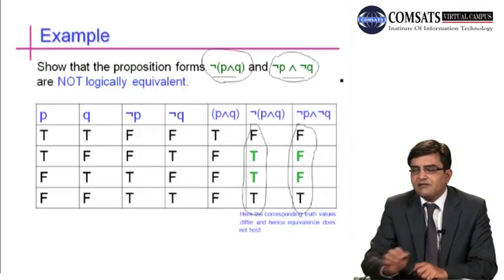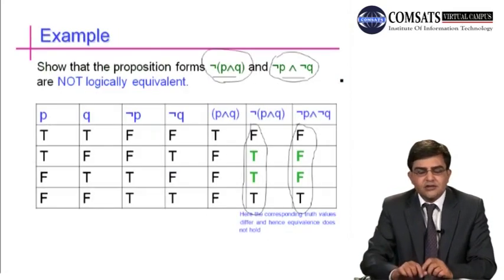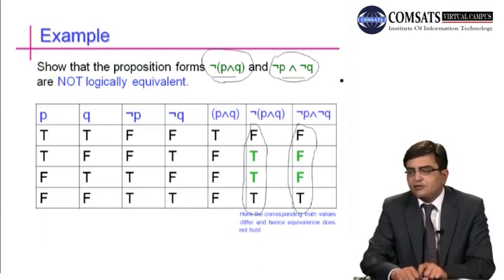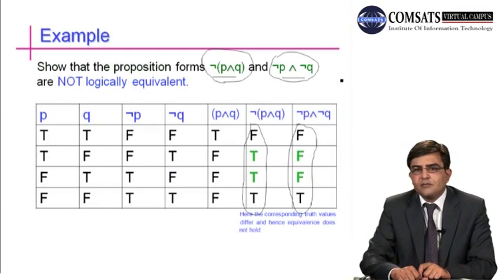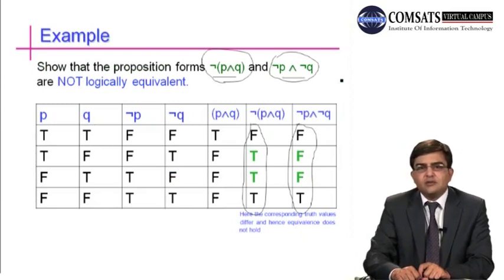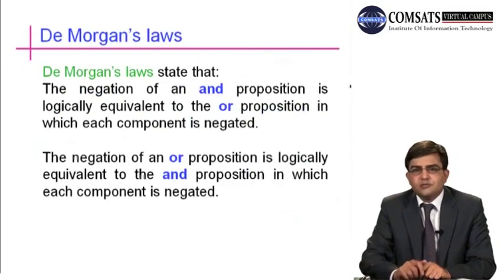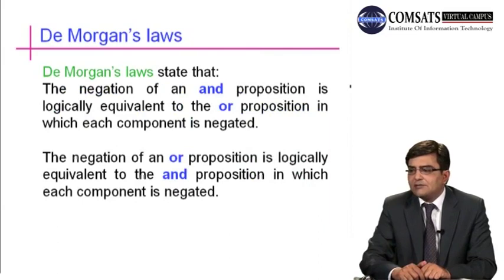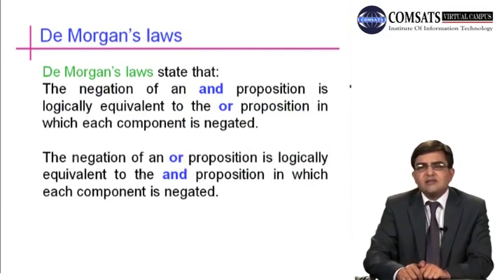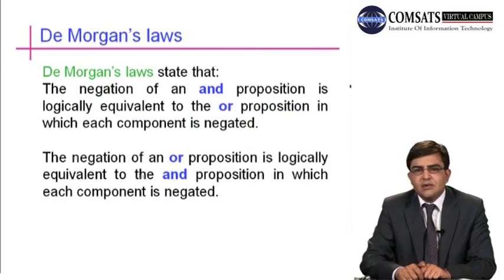Now this was the first method to prove logical equivalence of two compound propositions. In the other method, we use some rules of logic to prove logical equivalence between two compound propositions, which we will study later. Now, De Morgan's laws. What do De Morgan's laws state?